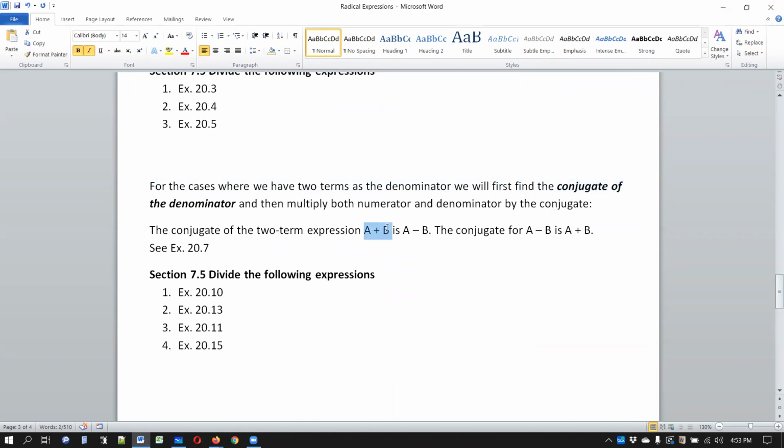So the conjugate is the same two terms, but with the opposite sign in the middle. So if I have, for example, a plus b, the conjugate would be a minus b. If my term is a minus b, the conjugate would be a plus b. Same two terms, but opposite signs in the middle.